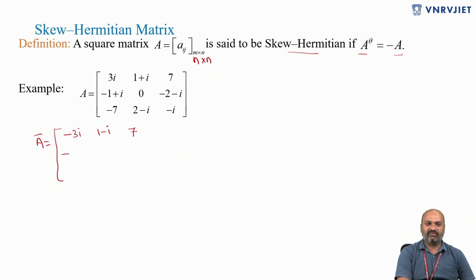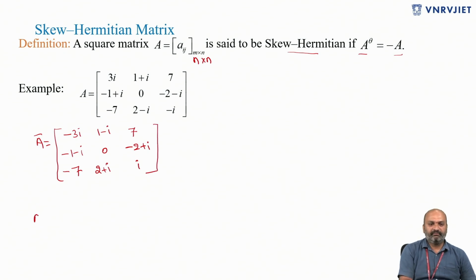Minus 1 plus I becomes minus 1 minus I, and 0, and minus 2 plus I, and minus 7, a real number, is itself. 2 minus I has conjugate 2 plus I, and minus I becomes plus I. This is A bar. Now let's determine the transposed conjugate of the matrix.